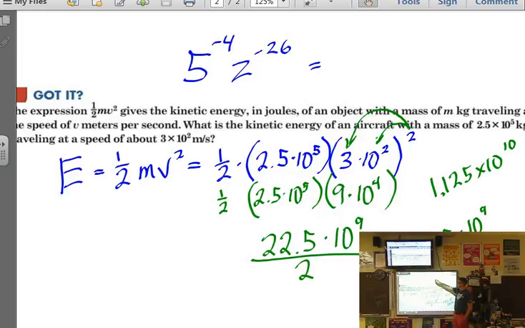Just add them together? Would it just be 5, 625?